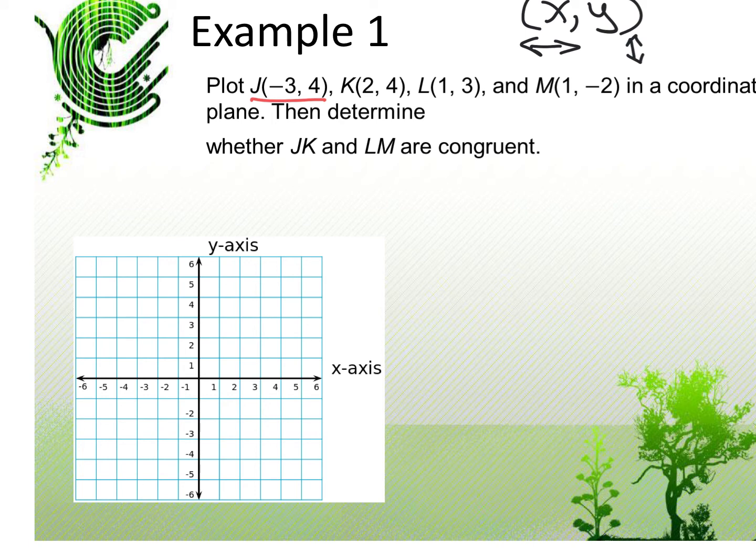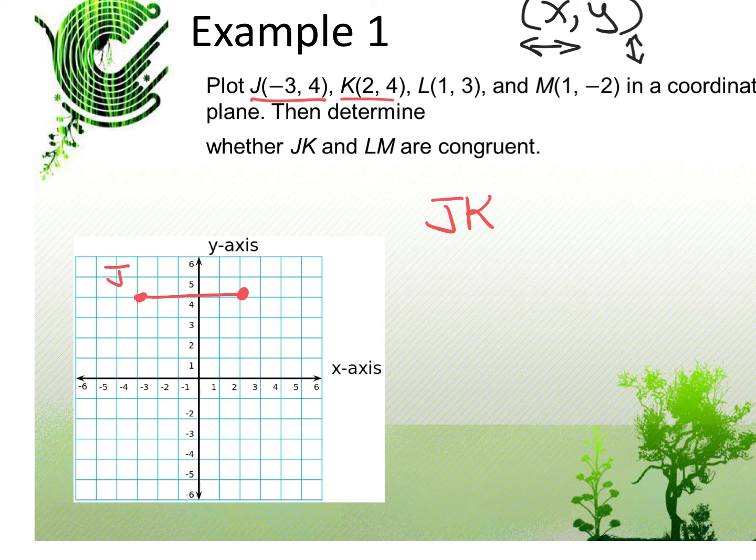So -3, 4 would be up here. And this would be J, and I'm going to label it. Then I'm going to label K. And K will be the ordered pair 2, 4, over to the right to 2, and then up to 4. Connect the points, and it wants to know, is JK congruent to LM?